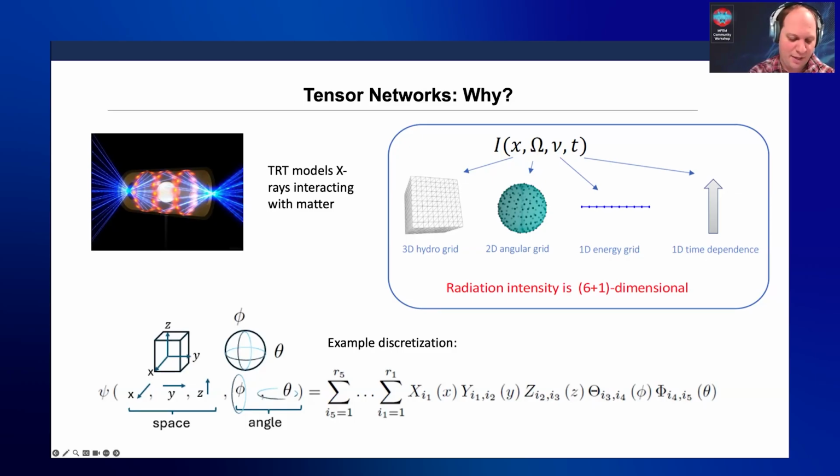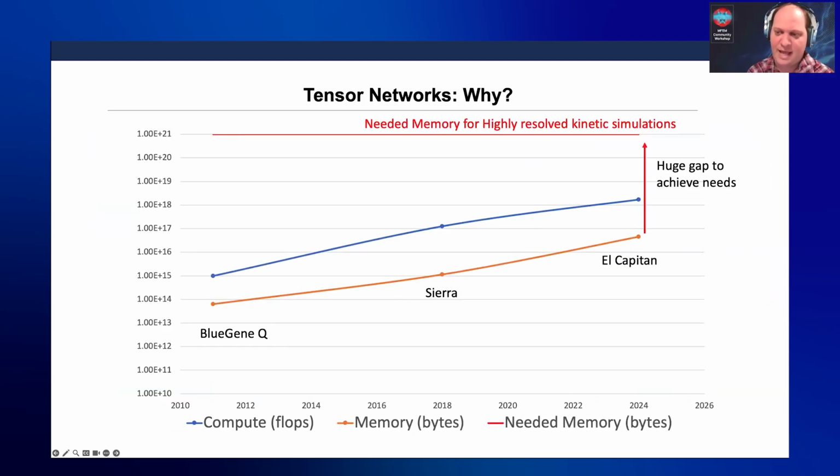And then at every point there, you also have an energy grid discretization, and this is all evolving in time. So the state vector for these kinds of problems is six-dimensional, and the PDEs are fairly complex as well. Trying to solve these is a huge problem, and these PDEs are part of the story of why we need such large supercomputers like El Capitan.